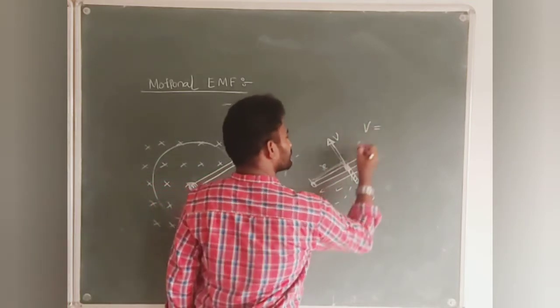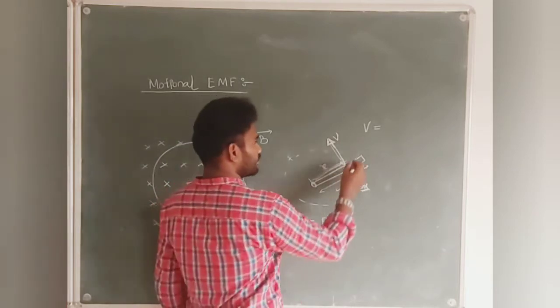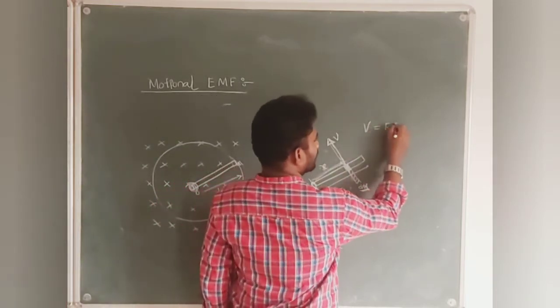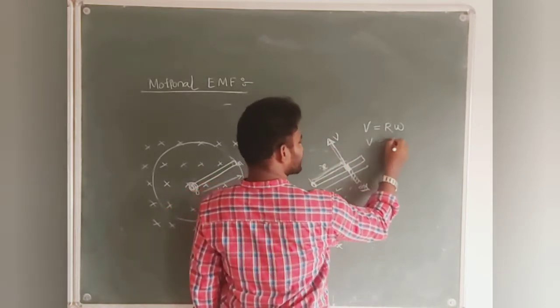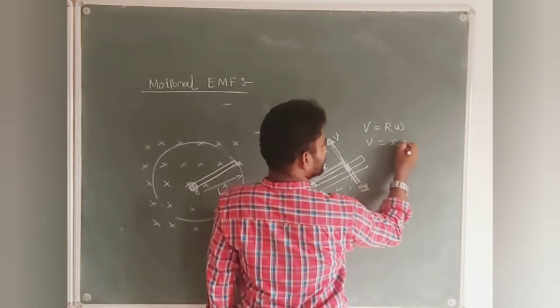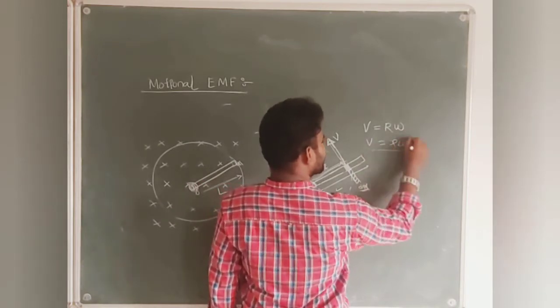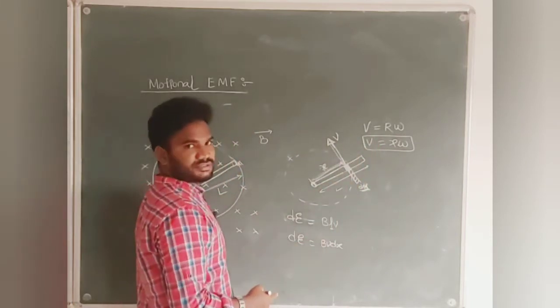What is the formula for velocity, students? V is equal to R omega. In the same way, the velocity will be x into omega, where x is the radius of this dx. So instead of V, we can take x omega here, students.